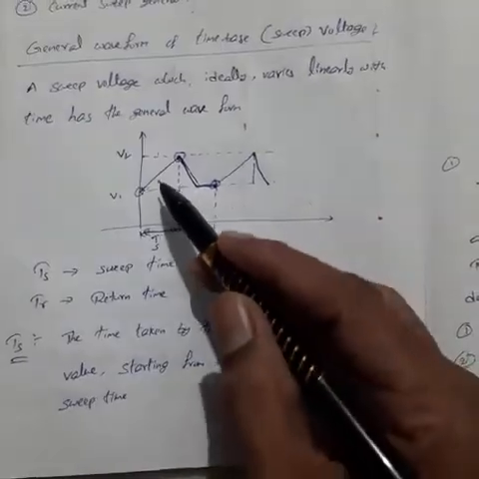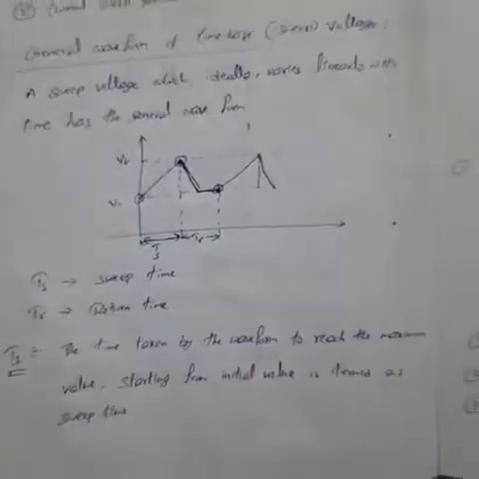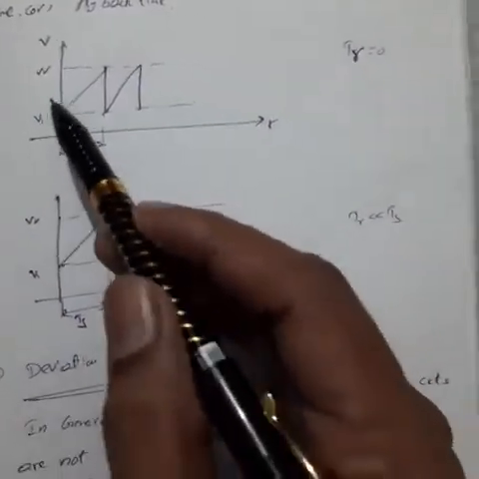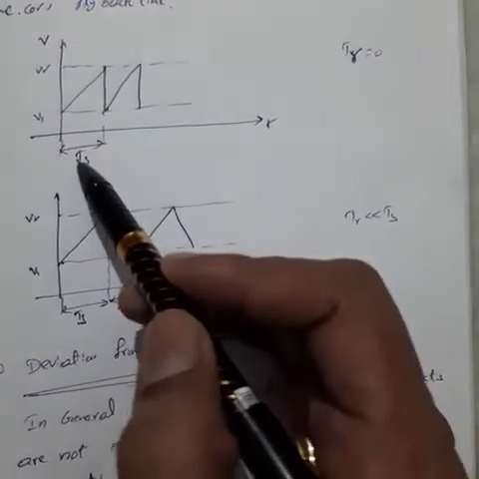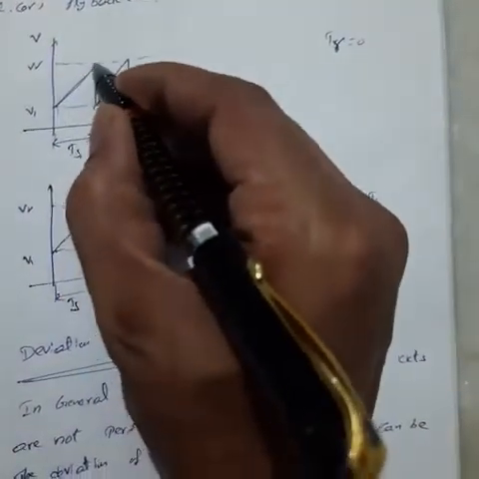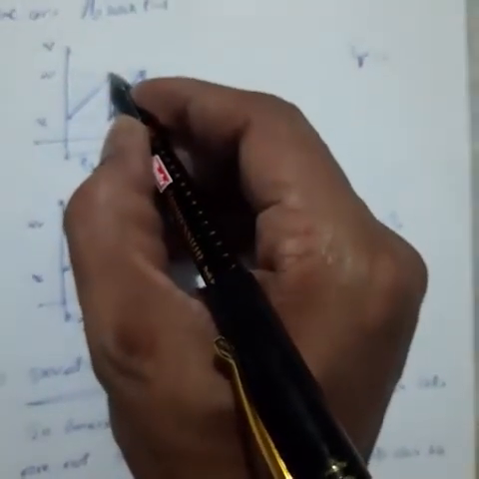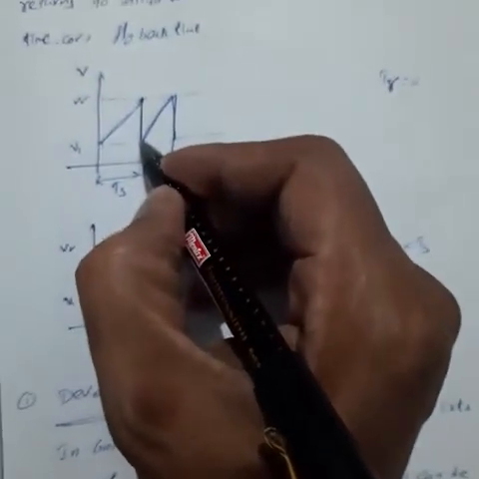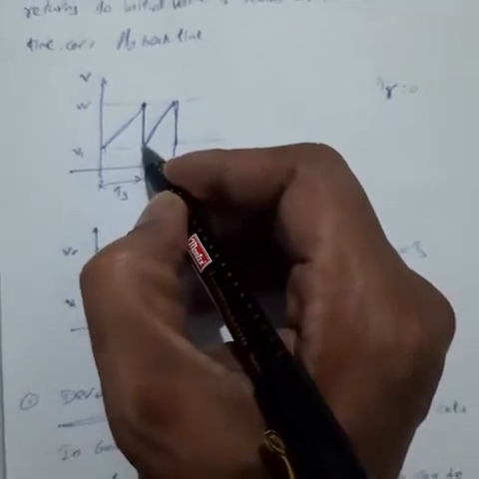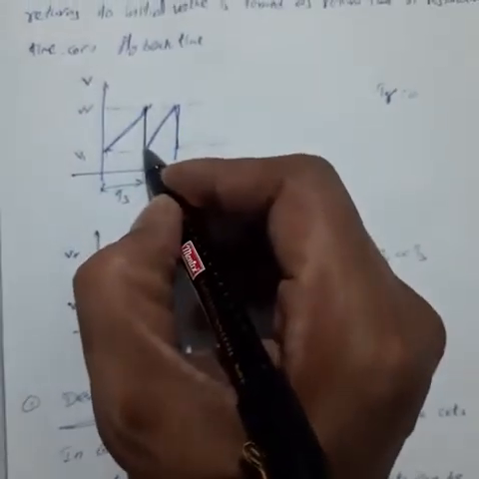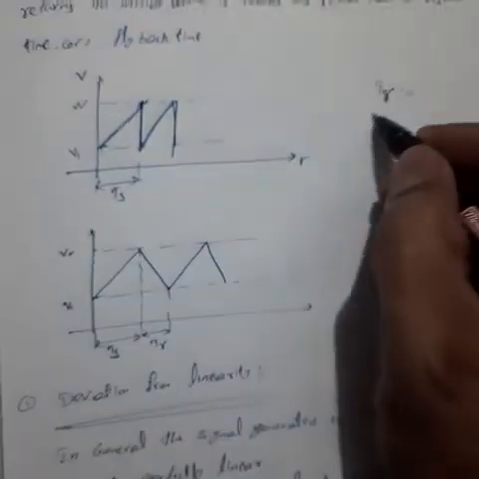So how can we draw the different types of ramp waveforms? This is another type of sweep waveform, called the sawtooth waveform. In this sawtooth waveform, there is no return time, because after it reaches the maximum value, it suddenly drops to the initial value without taking any time.